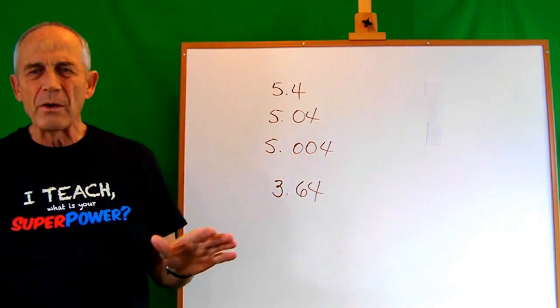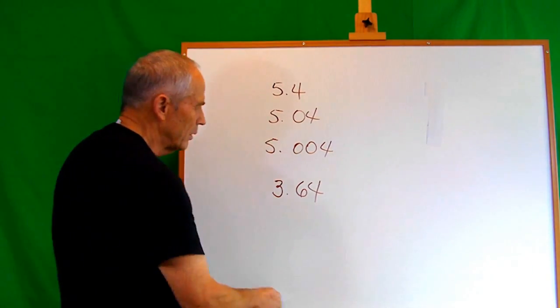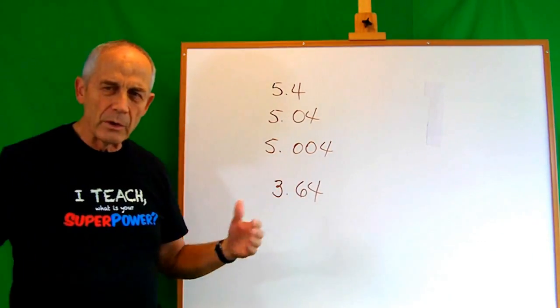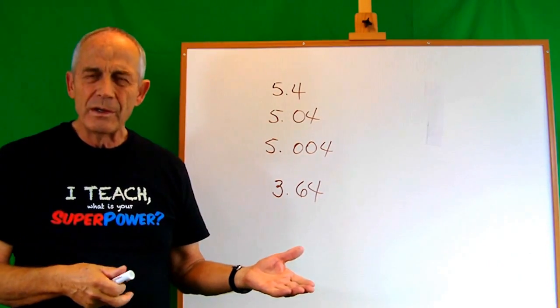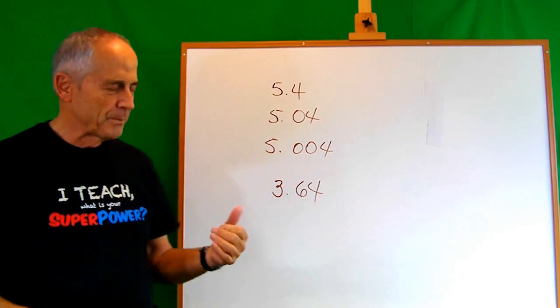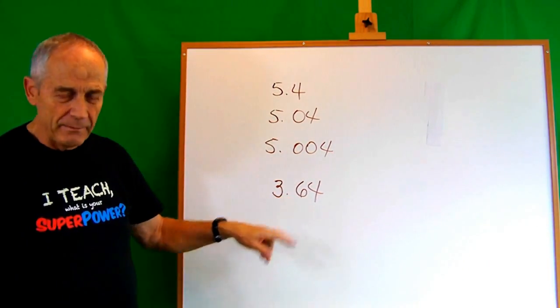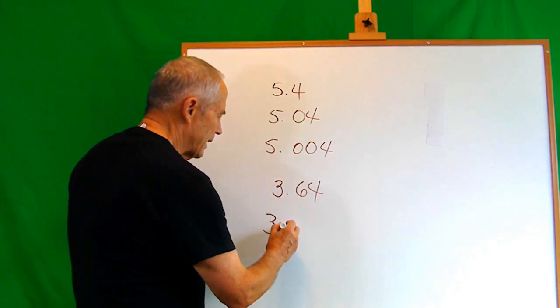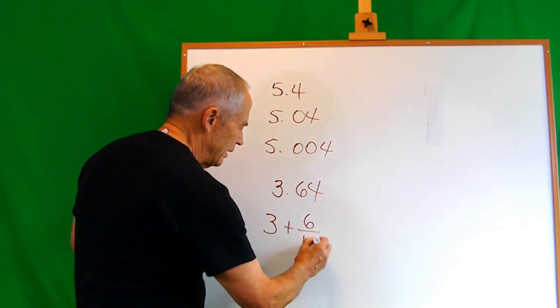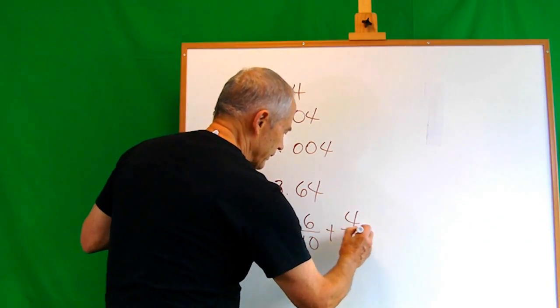Now one thing you know in math, when you go to something new, you'll always go back to what you know to represent it. So in expanded form, that one would be 3 plus 6/10 plus 4/100.